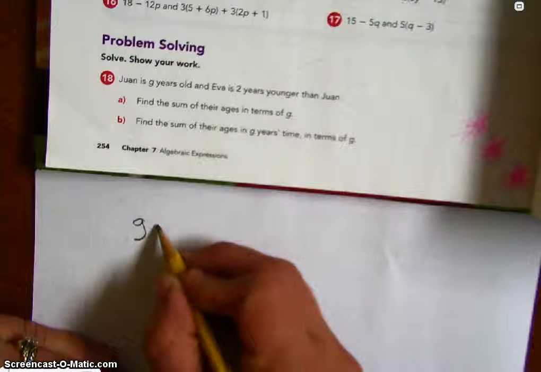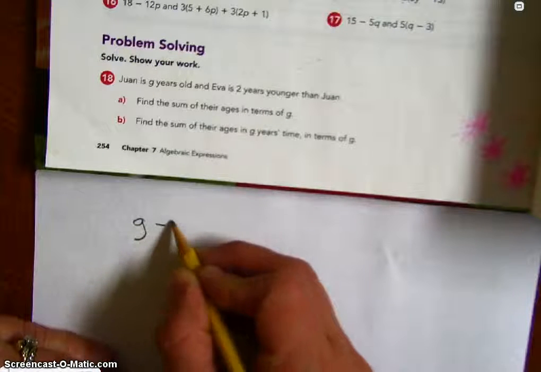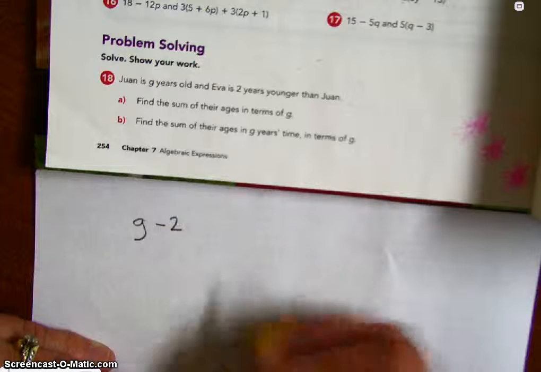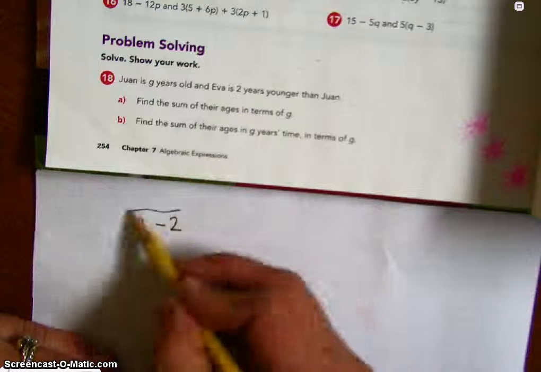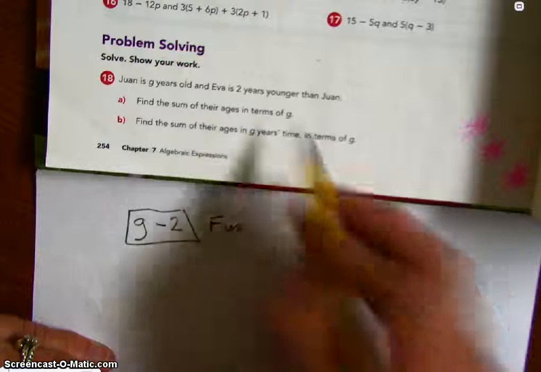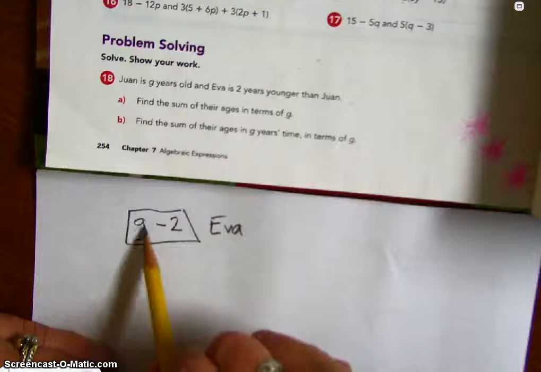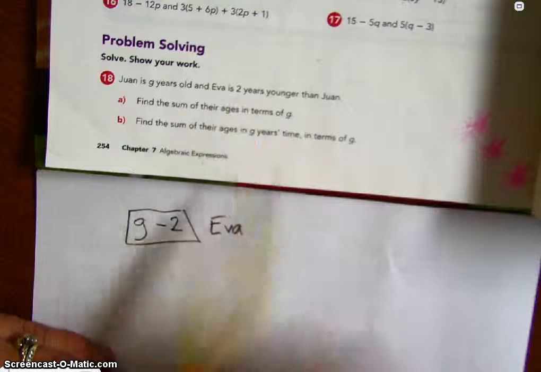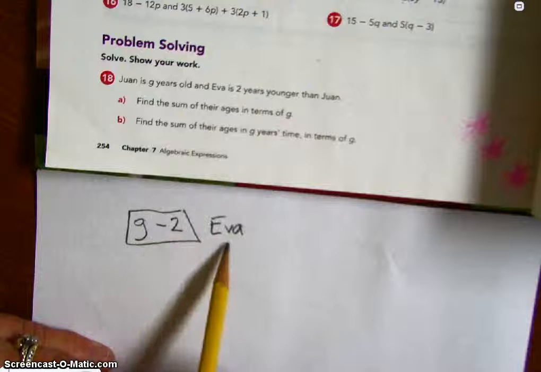So younger would be taking away, so it would be take away 2. So this would be Eva's age. So Juan is G years old, that's his age. Eva is 2 years younger, so G take away 2 would be Eva's age.